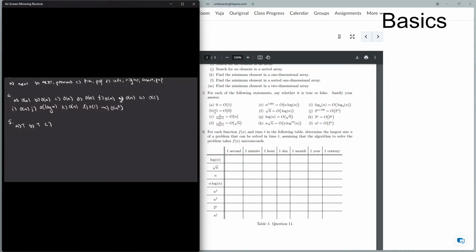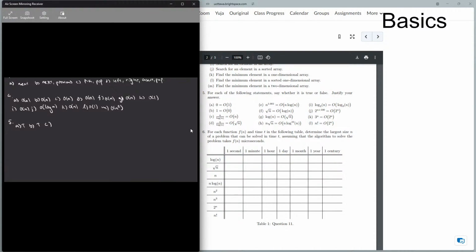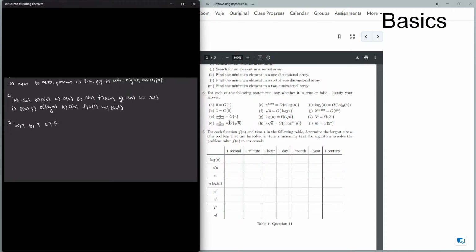I mean, that's like the same thing of multiplying by 1 over log n, which is n log n question mark. So I think this is false. And then D, I'm gonna say this is false too. D is false. E, that's most definitely false. F, false. Actually, could be true. F could be true.